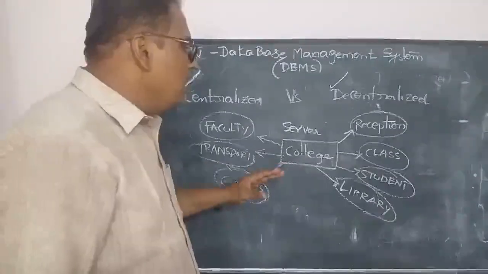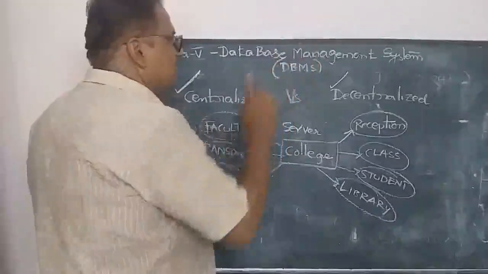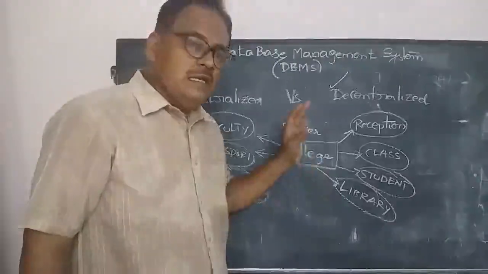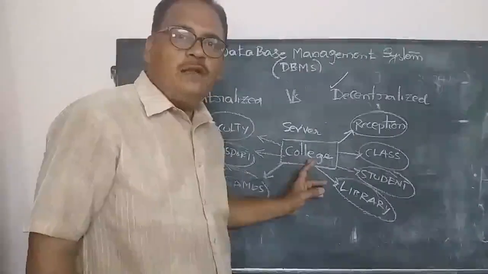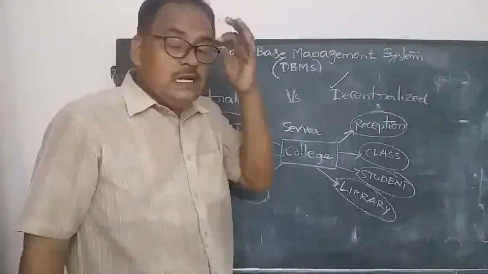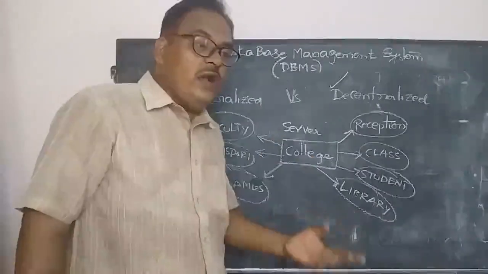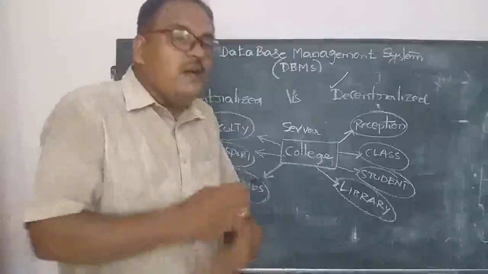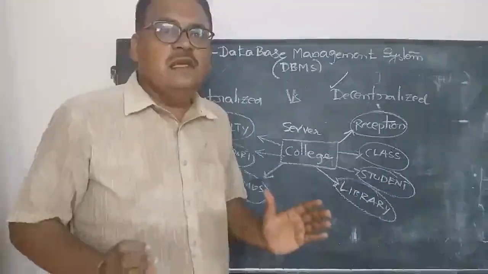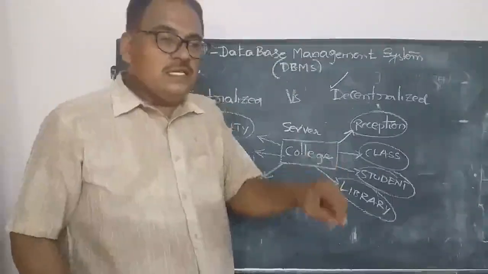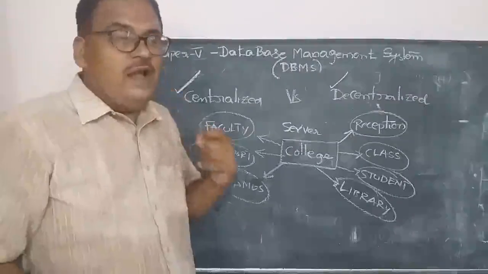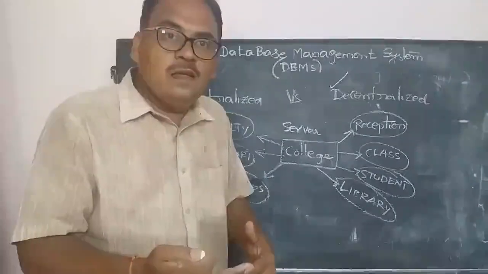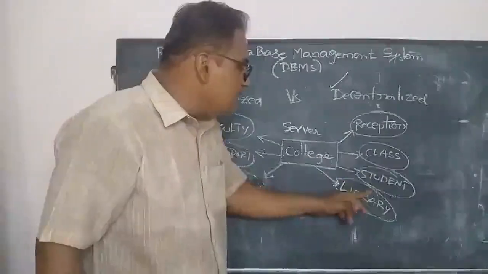So here the database management system is a centralized manner, whereas data is maintained at one point, to avoid data redundancy and data inconsistency. Repetition of data in various entities in the decentralized manner is called data redundancy. When redundancy occurs, data inconsistency will occur.